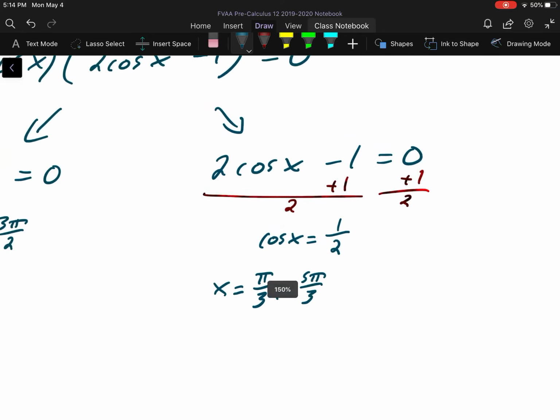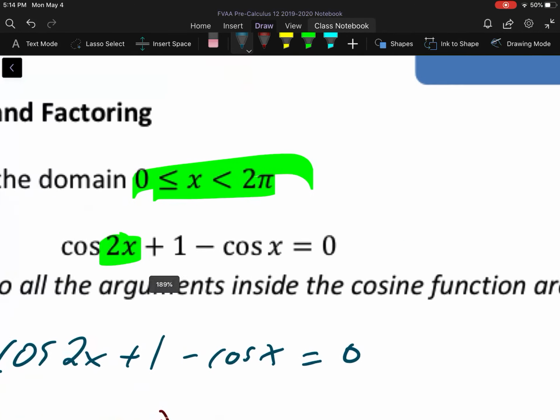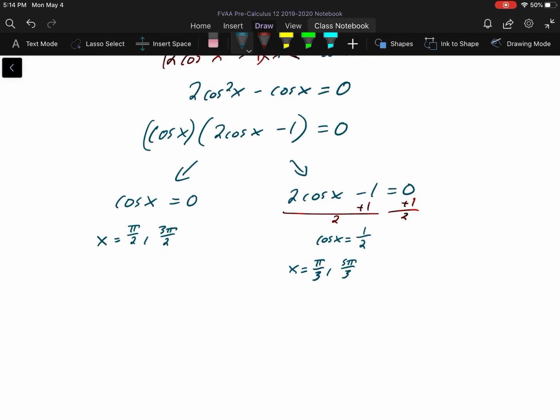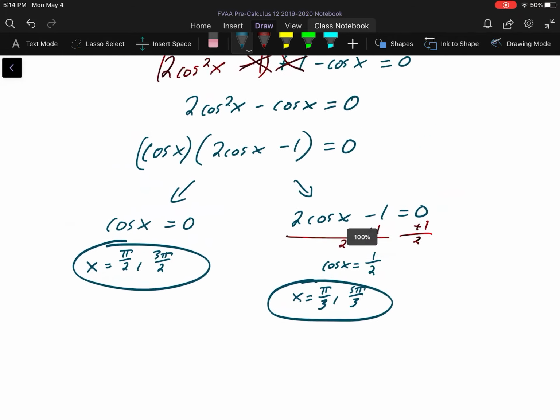Okay, and then all of these solutions fit within our domain, right? And so that would be our final answer, here and here. Okay? So we used the trig identity to simplify an equation.